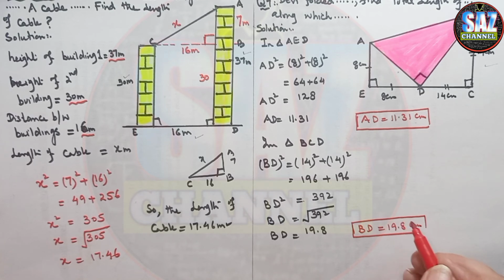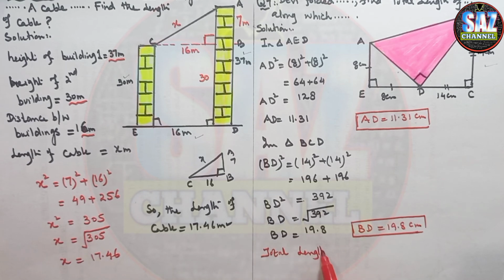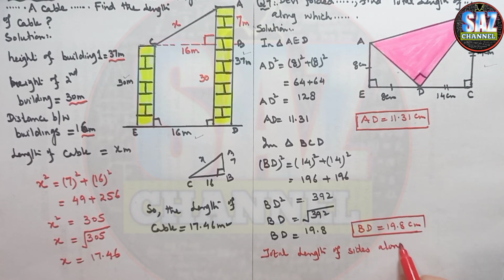And now the question was saying find the total length of the sides along which she has to apply the glue. So the total length of sides along which the glue has to be applied equals 11.31 plus 19.8.